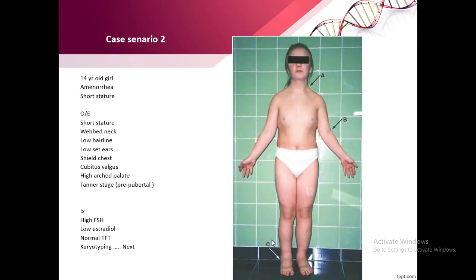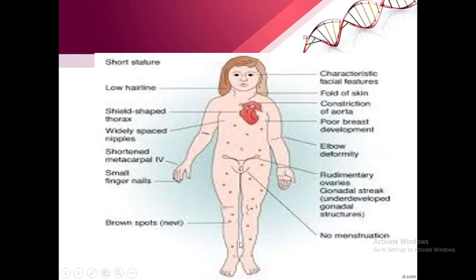Karyotyping was done. This is the phenotype of the child. And this is a classic case scenario of Turner syndrome. Again, Turner syndrome has facial dysmorphology or body dysmorphology.